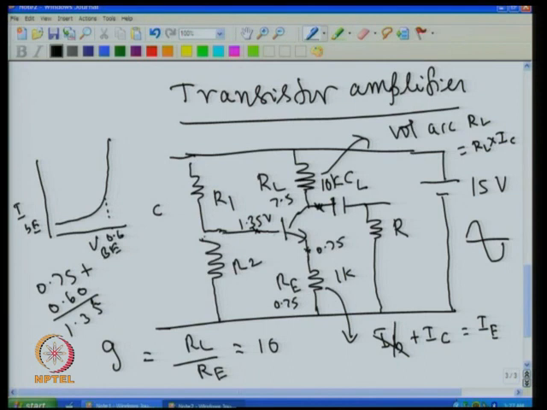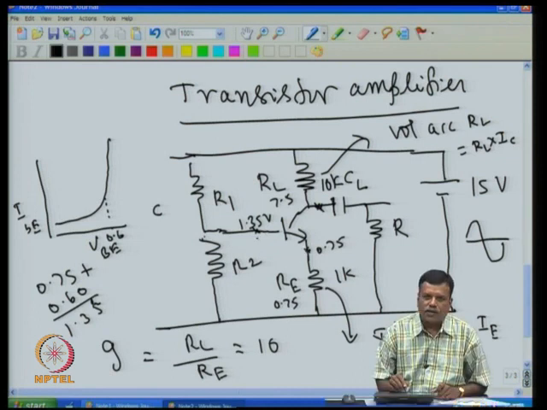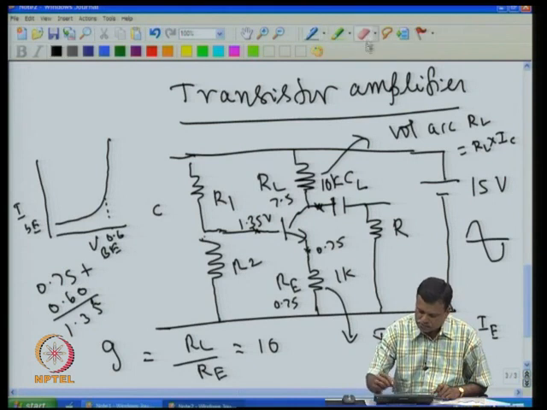We can continue to assume that, but actually we know this voltage is 0.75 across 1K, so a current of 0.75 milliampere is going, and then automatically we can know the base current, because the emitter current and base current differ by hFE times, that is beta times. If I take beta for this transistor as 100, then this is 0.75 milliampere.